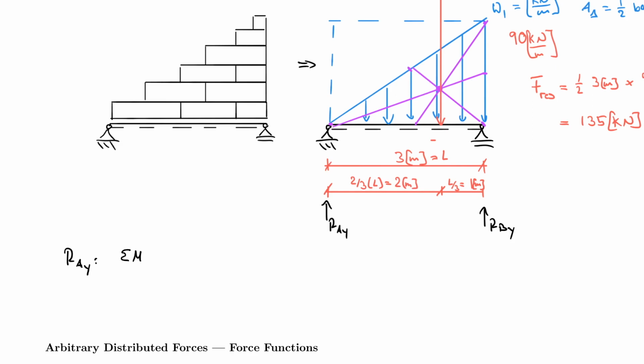The sum of the moments about point B being equal to 0, counterclockwise positive, and 0 is equal to, I start with my unknown, minus RAY, because it's turning clockwise, minus RAY times 3 meters in this case, and then plus the F resultant, which was 1/2 base times height, which was 90 kilonewton per meter.